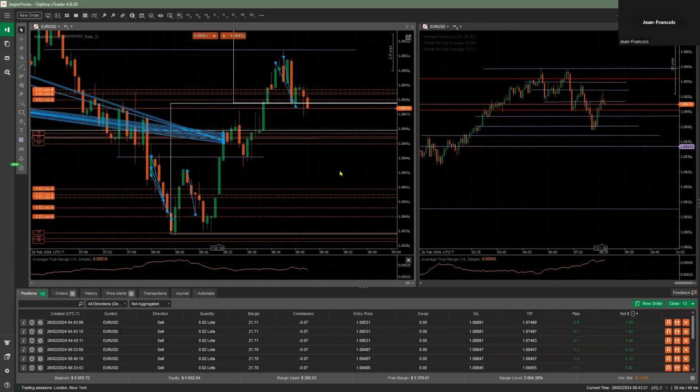The main event is later in the week. The PCE, which is the Fed's measure of inflation, that's coming up, I think, on Thursday.